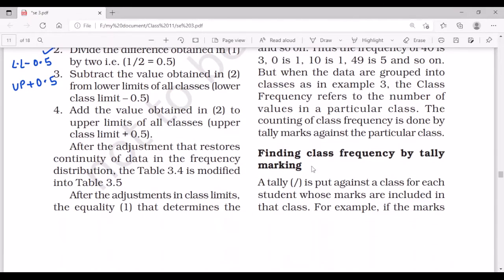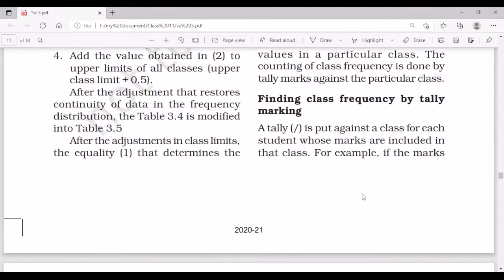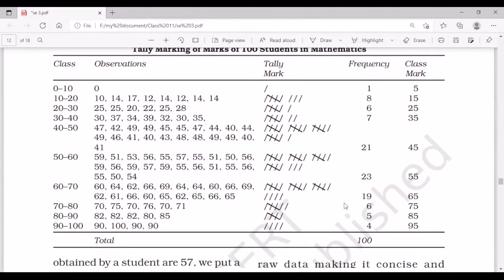Finding class frequency by tallymarking. Now tallymarking is where we put this symbol against a class for each student. For example, you can see in this 0 to 10 there is only 1 observation, so we have put only 1 and the class mark is 5. Then 10 to 20, let us see how many there are. What we do in tallymarking is 1, 2, 3, 4, and for the 5th we cross it and then start again.